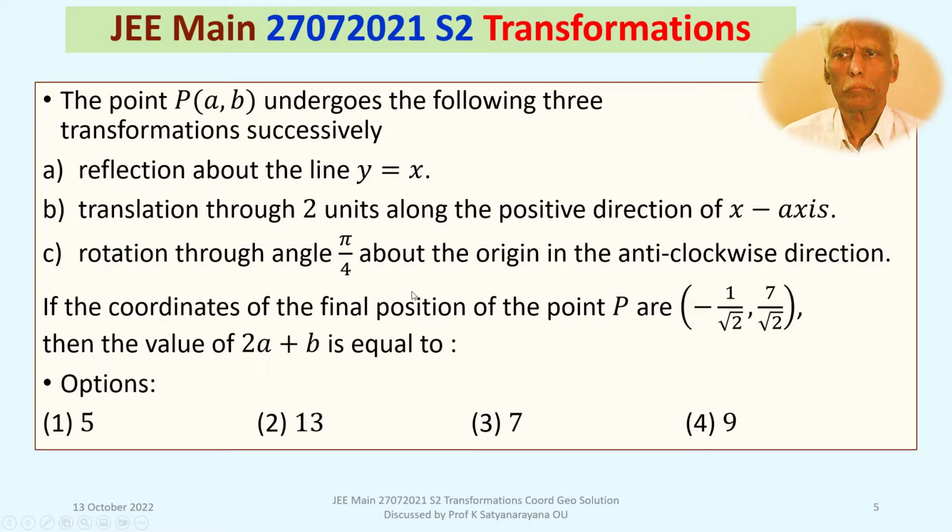We are given the final position of the point P as the coordinates (-1/root 2, 7/root 2), and we are required to find 2a plus b from the following four options.